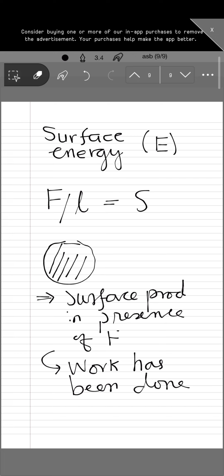Work has been done, and so this work done remains stored in the surface as its potential energy, and this potential energy is nothing but the surface energy. So we can put it in this way.